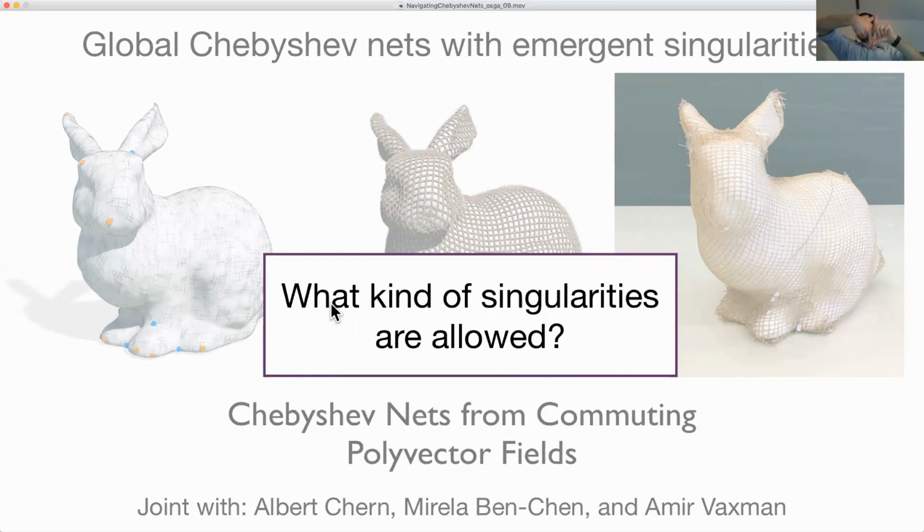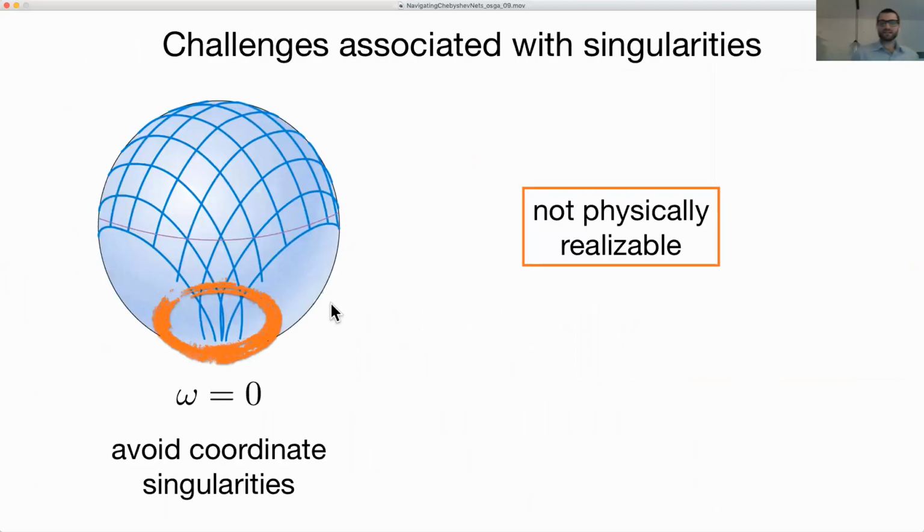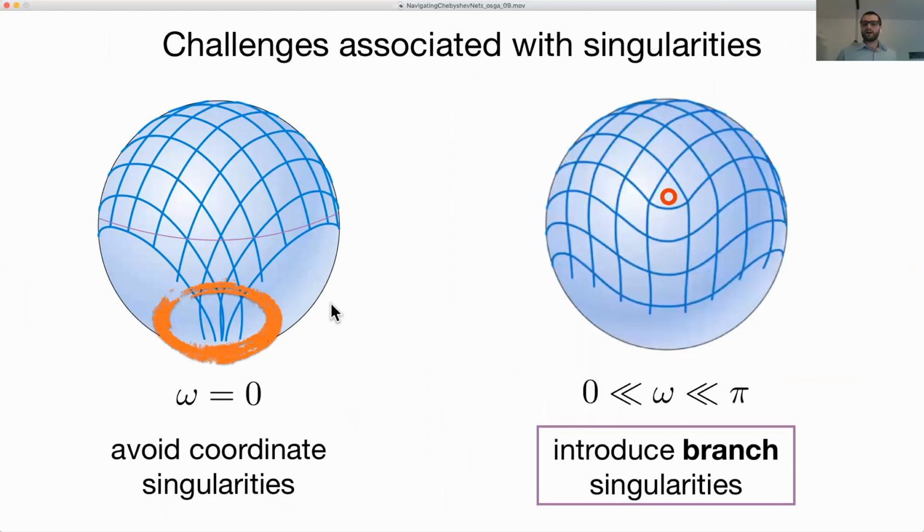And this is not a singularity which can be physically manufactured. And so we have to reformulate the problem to get a different type of singularities. And those singularities are not these ones, not where the angle collapses to 0 or pi, but rather branch singularities. So instead of having coordinate singularities, we want to study branch singularity solutions to the Chebyshev net problem.